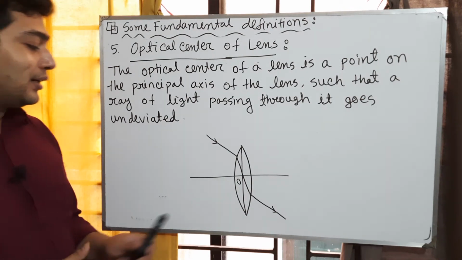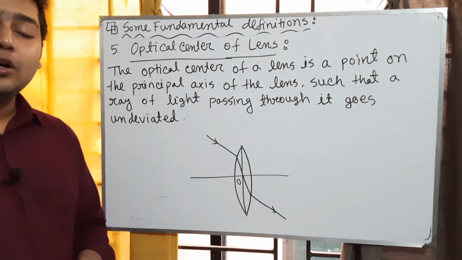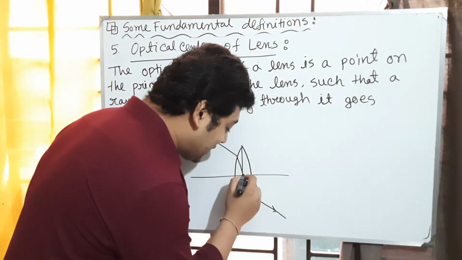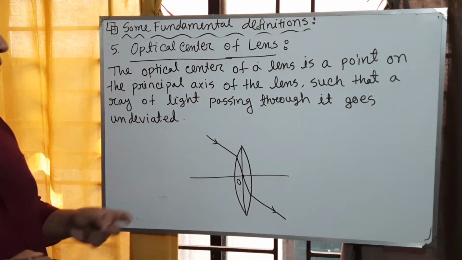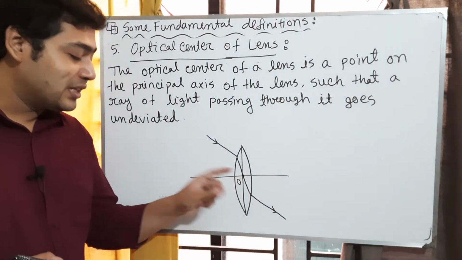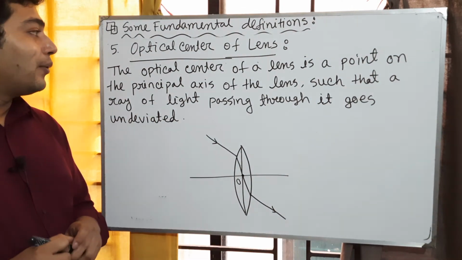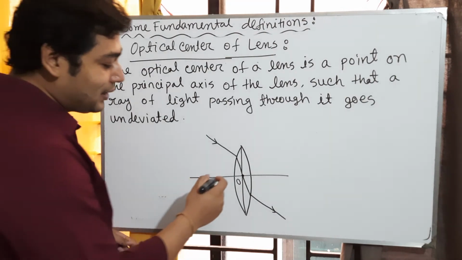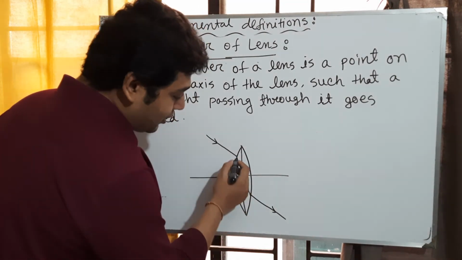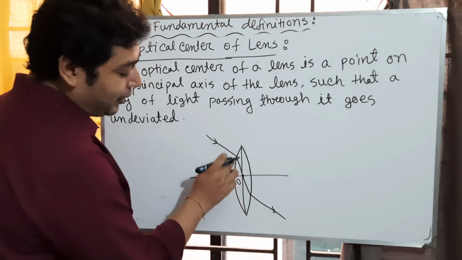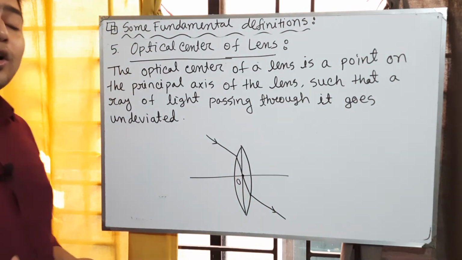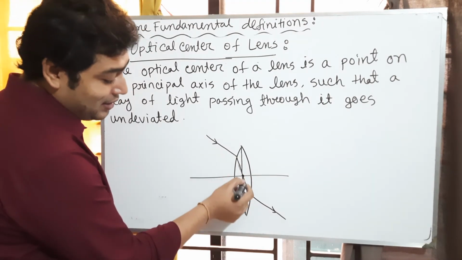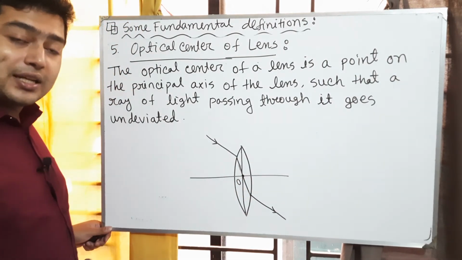Here this is a convex lens and the point O, which is on the principal axis, is our optical center. You see that the light ray is not deviated when passing through this point.